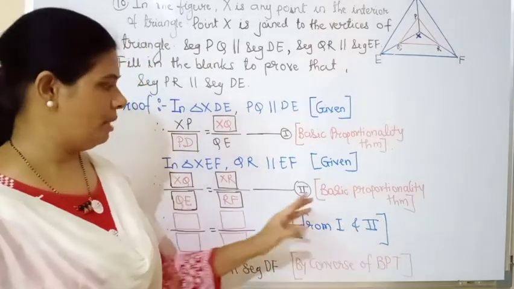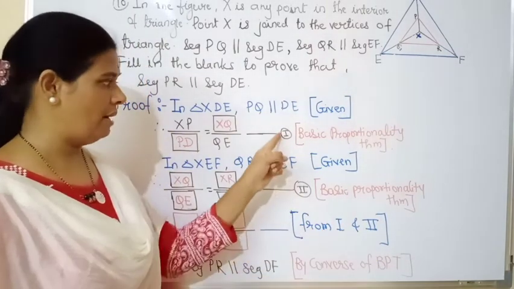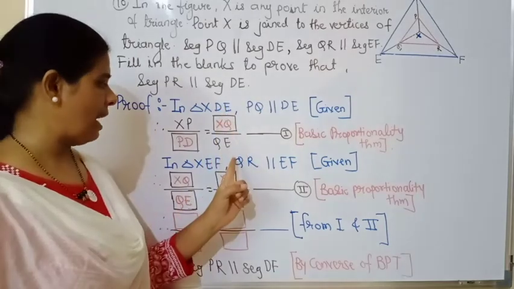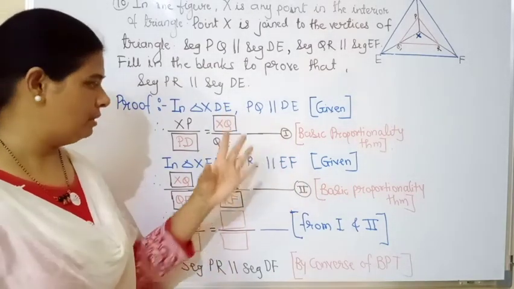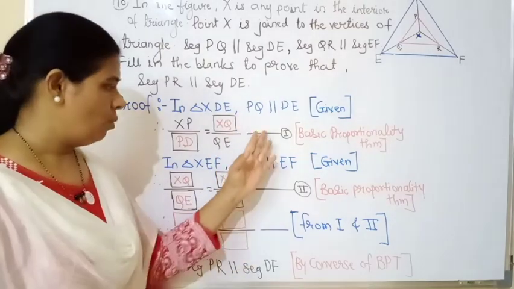Okay, by BPT theorem, and we have given the numbers as 1 and 2. For both the triangles XDE and XEF, by BPT theorem we have written the ratios and given the numbers 1 and 2.